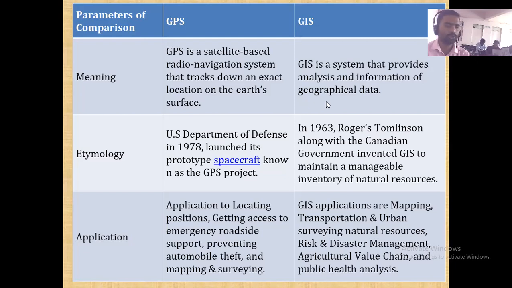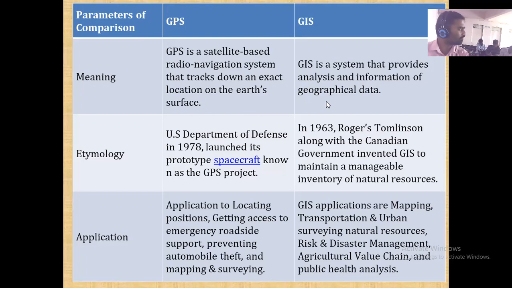Next point, etymology. Etymology means when it was discovered and who discovered it. GPS was developed by the US Department of Defense. What is US? United States of America. In 1978, the US Department of Defense launched its prototype.